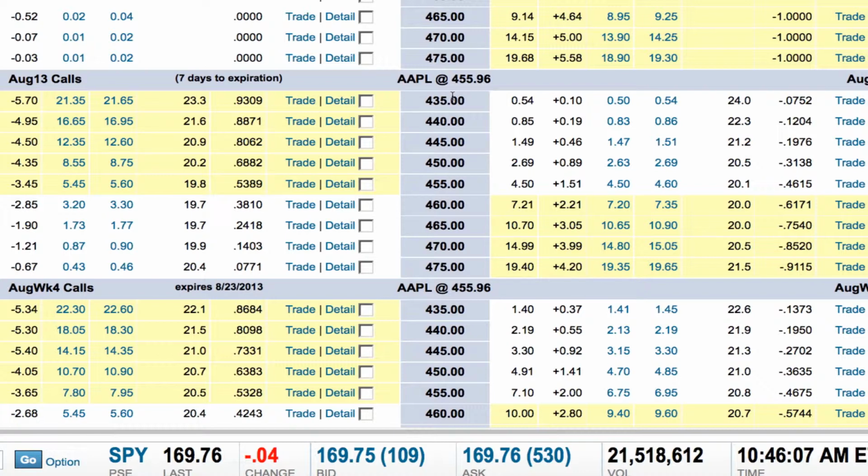So if Apple is currently trading at 456 and I can buy Apple stock for $450 a share, I could immediately then sell it at a $6 profit. So the value of this option is at least the difference between those two numbers.